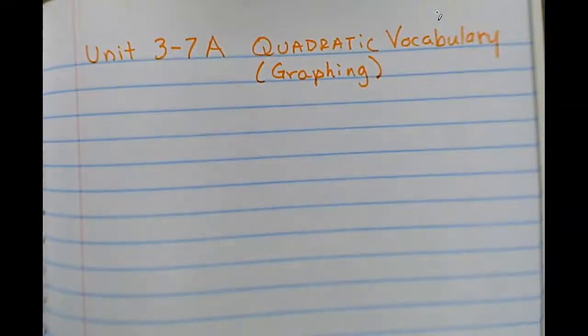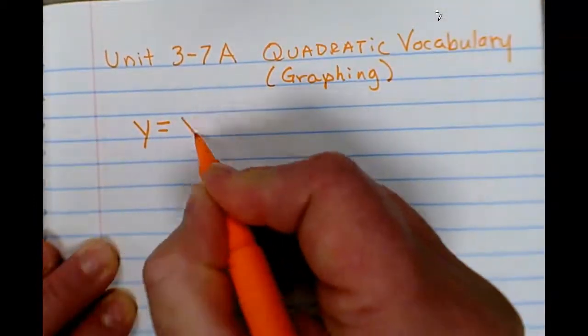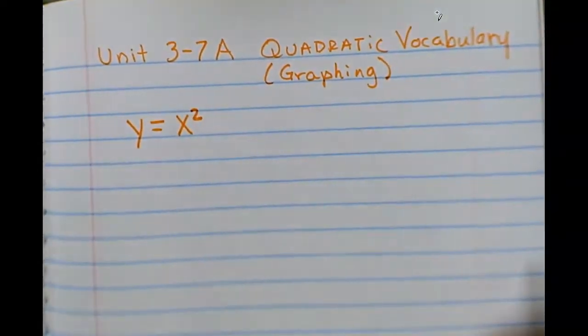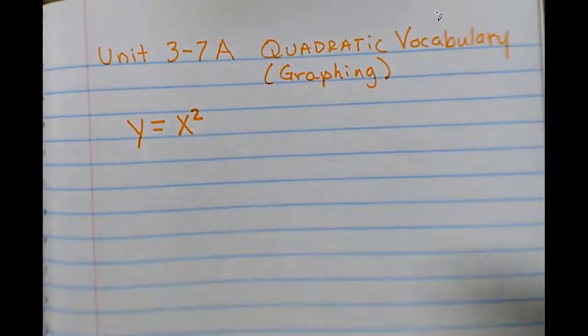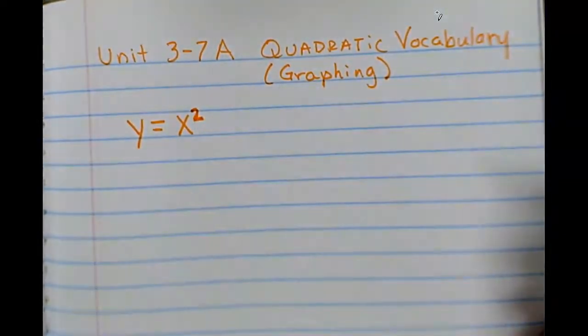Okay, so we're going to be looking at quadratic vocabulary, particularly the vocabulary that goes with graphing. So the first question is, why is this called quadratic in the first place? Because the x is squared.